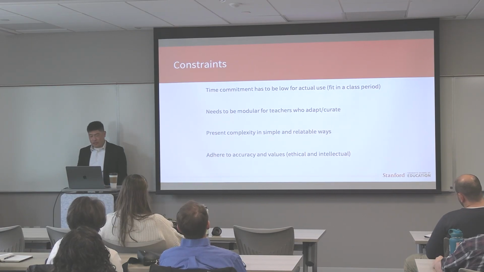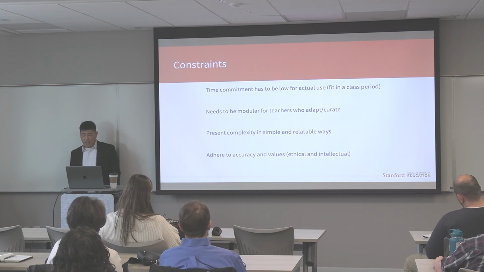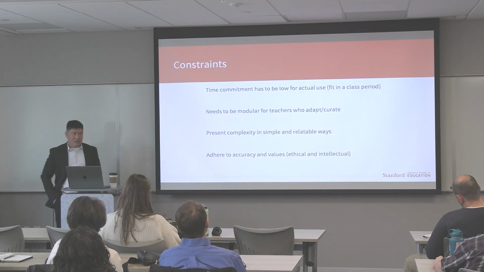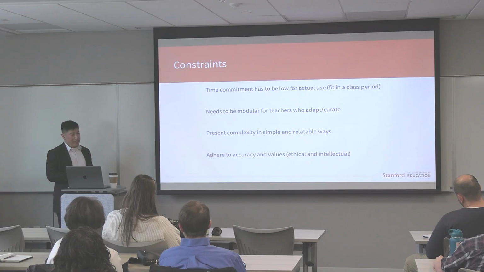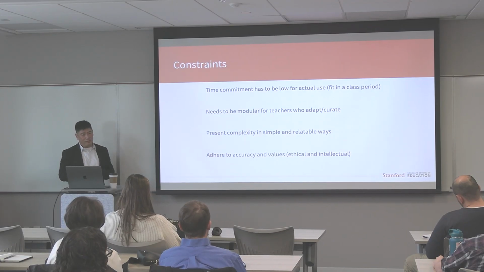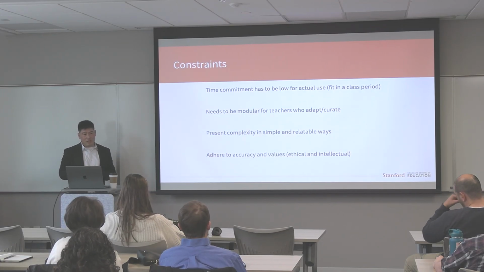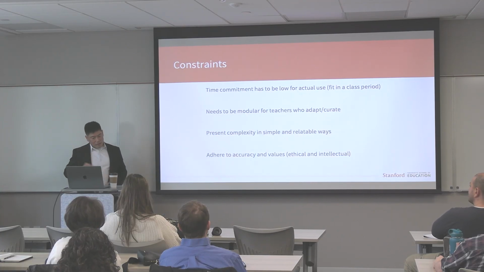It needs to be modular for the teachers who adapt and curate. As a literacy endeavor, we want it to present complexity in simple and relatable ways. We're not going to argue the merits of K-means clustering versus all other clustering techniques, because that's probably a little bit too much and gets further to the right on that AI literacy double arrow I mentioned.